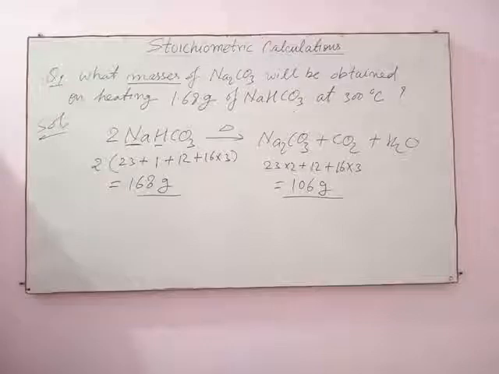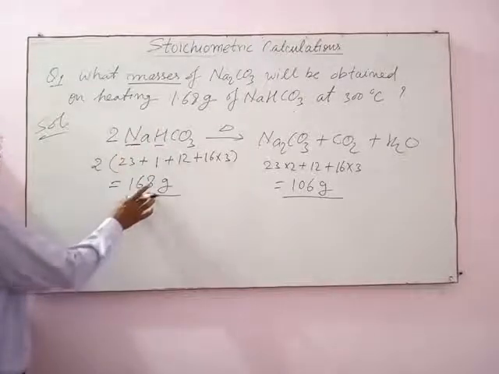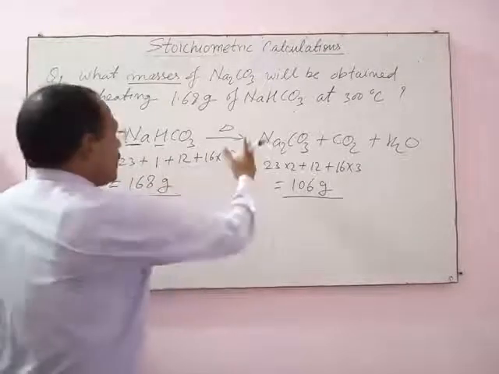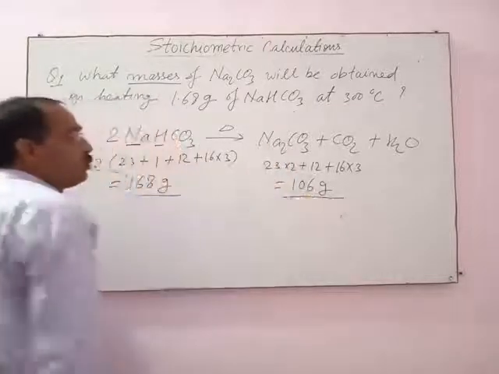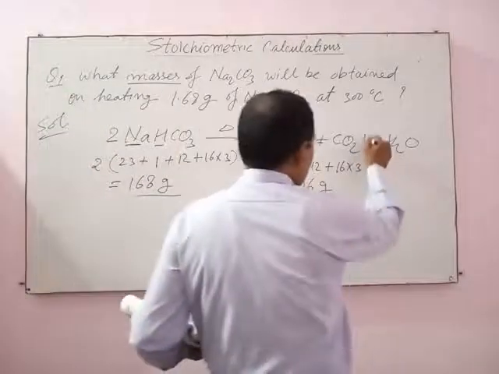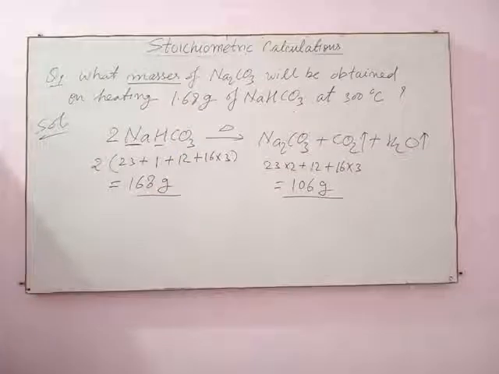So the amount of reactant sodium bicarbonate, 168 grams, on decomposition gives 106 grams of sodium carbonate. The others are gaseous substances which escape out in this reaction.